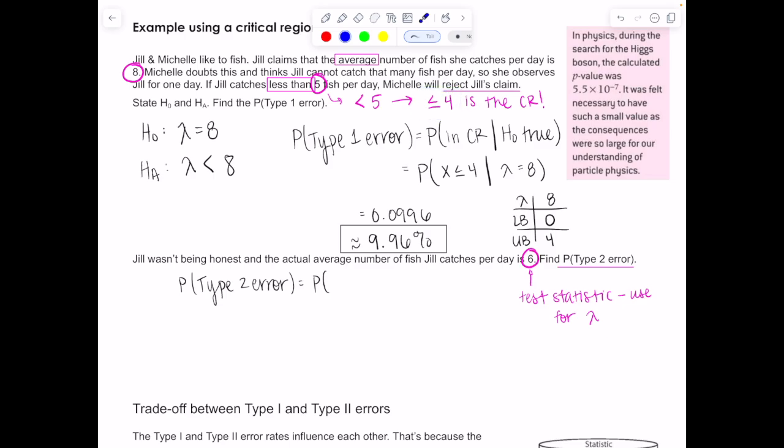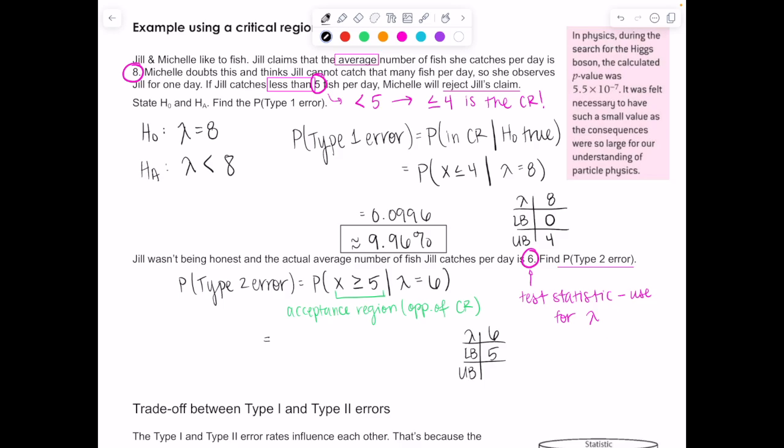So our critical region is less than or equal to 4. So the acceptance region is greater than or equal to 5, given we're equal to 6, because that's actually the amount that she catches per day. So this is our acceptance region, which is the opposite of our critical region. And so we're going to do another CDF where lambda is now equal to 6 and our lower bound is 5.